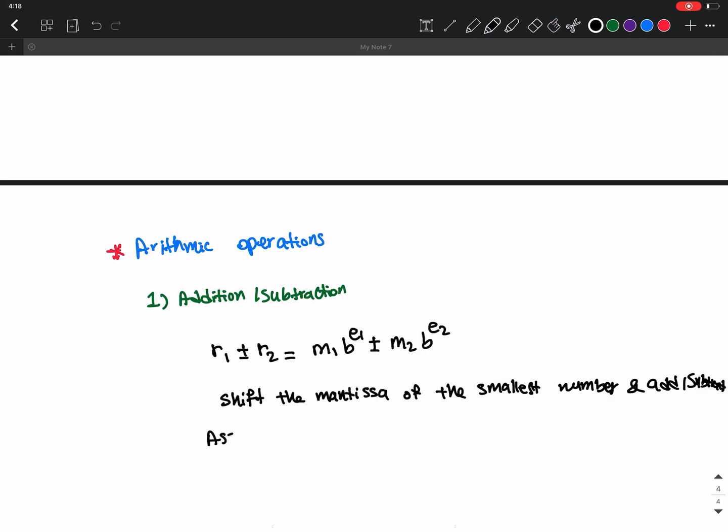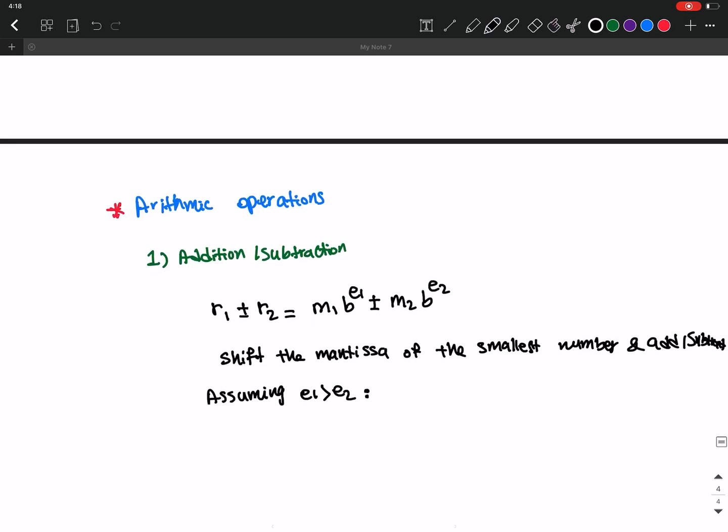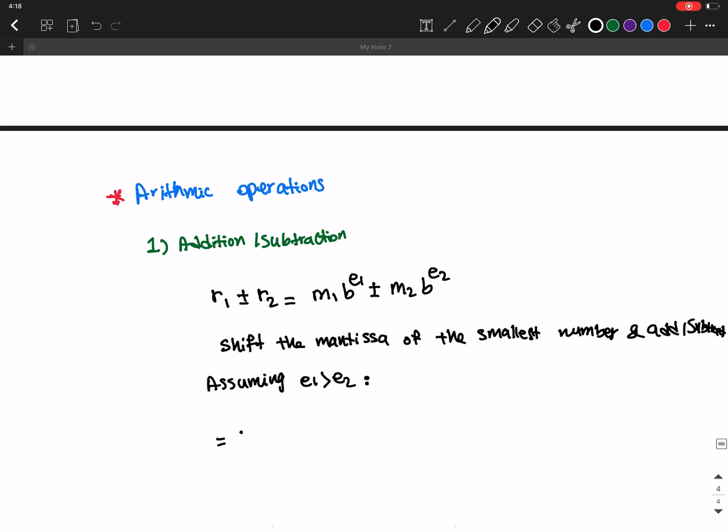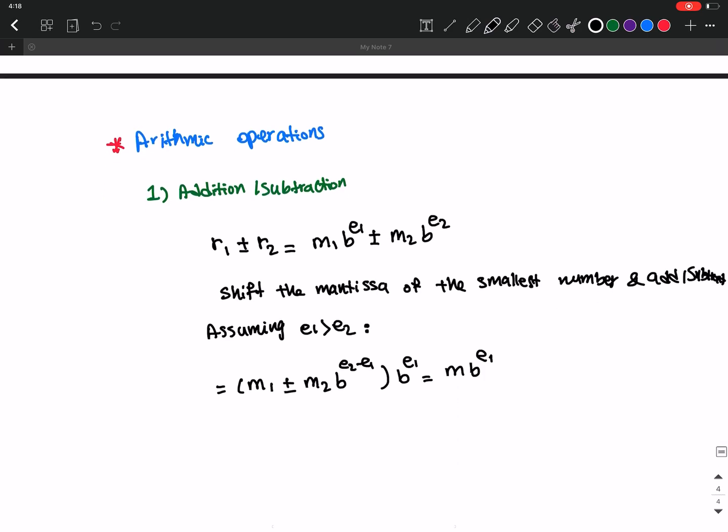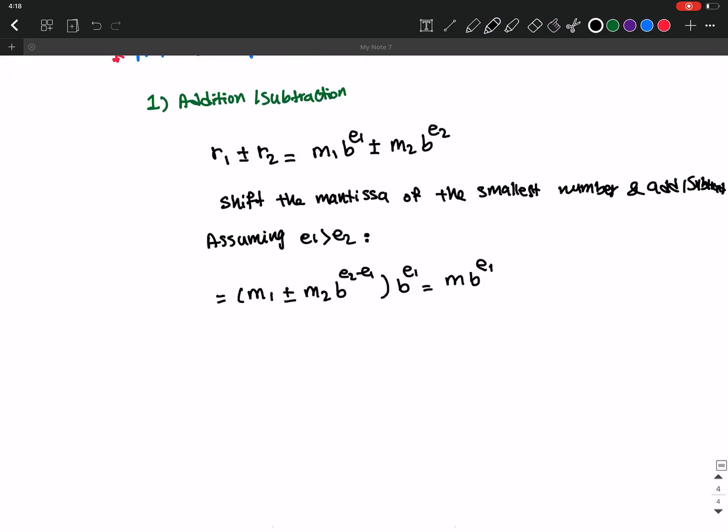Assuming E1 is greater than E2, so R2 is the smaller number, this is gonna be M1 plus or minus M2 times b to the power E2 minus E1, so we shift the mantissa M2 by this much, and then multiply it by b to the power E1. Okay.